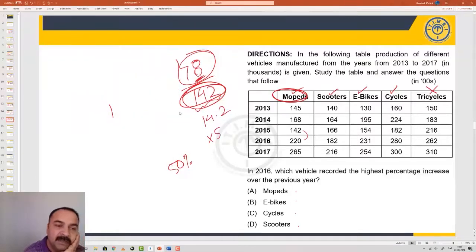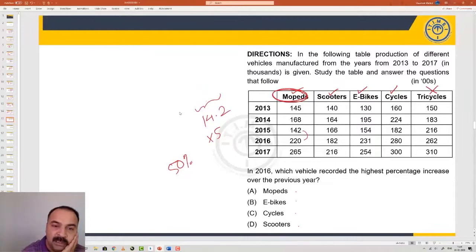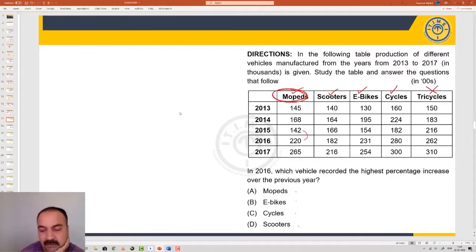So I'll erase this part of the screen and I would want you to follow me verbally. This is at least a level that you need to touch to be able to get very fast with these exams. 142 to 220, the growth is 78. 78 on a basis of 142. So 14 fives are 70 and 0.2 fives are 1. So 71 would have meant 50%.